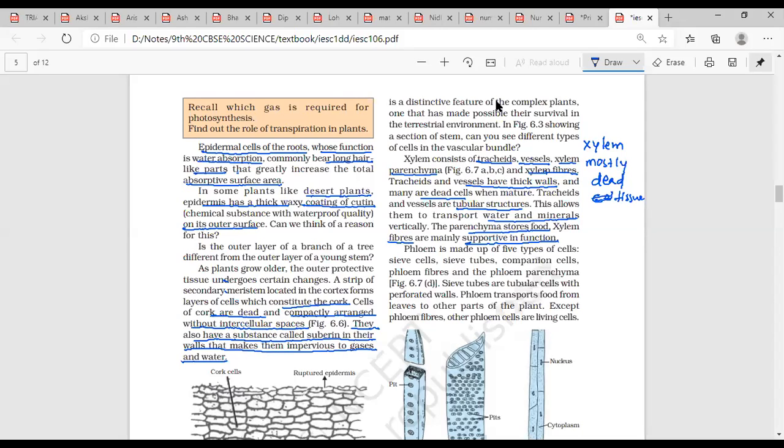Parenchyma is providing food only; it stores food for these cells. I meant to say sclerenchyma, not parenchyma. Yes, xylem fibers are sclerenchyma only. Fiber is a word used for sclerenchyma.